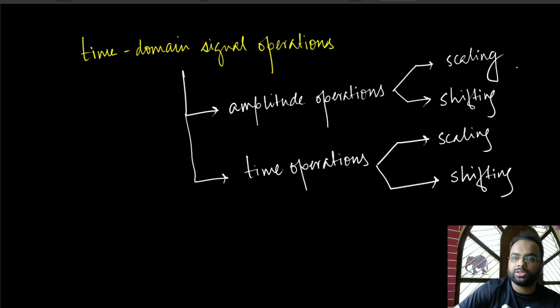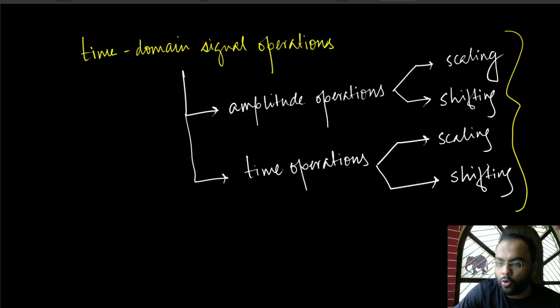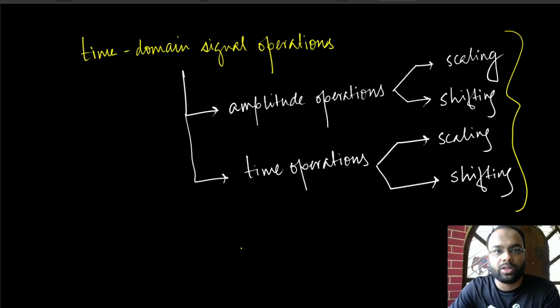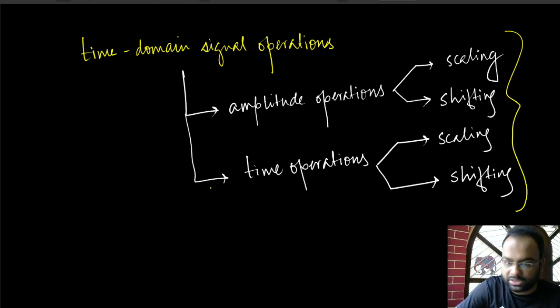Overall we have these four operations that we're going to discuss today. We shall take any signal and understand how to do amplitude scaling, amplitude shifting, time scaling, and time shifting. So with that said, let's proceed further.